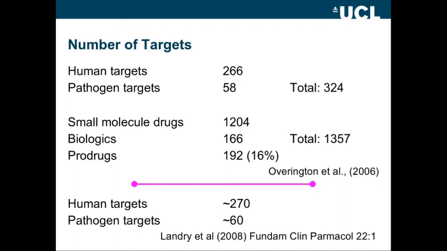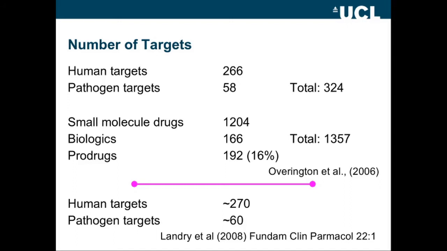A very good example of that actually is codeine. So the total number of drugs then in 2006 was 1,357, addressing 324 targets. So you can see on average each target has about 4 different drugs that is active against it.